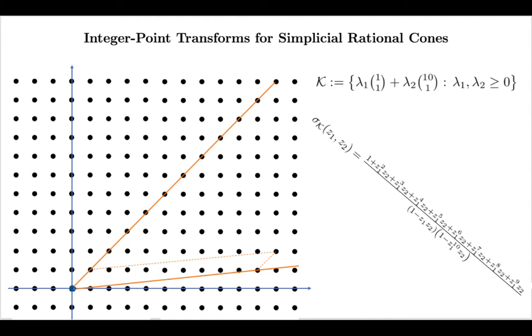The effect of this change is that I have to consider more points in this fundamental parallelepiped. Again, my generators appear in the denominator of the rational function version of the integer point transform. But now you can see that my denominator becomes larger because I have more terms. I guess I have 9 terms here.